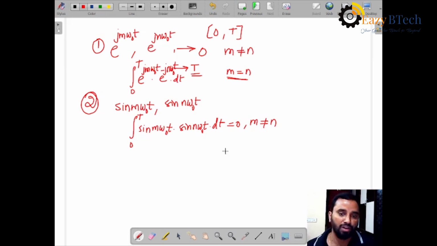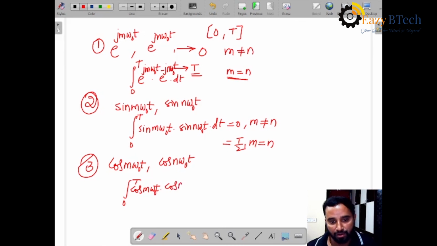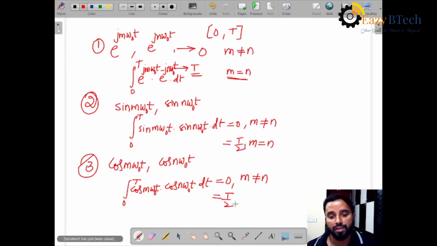If m is equal to n, we get T by 2. Similarly, for the cos functions, cos m omega naught t and cos n omega naught t, the integral from 0 to T of cos m omega naught t into cos n omega naught t is 0 if m is not equal to n, and if m is equal to n, it will be T by 2.